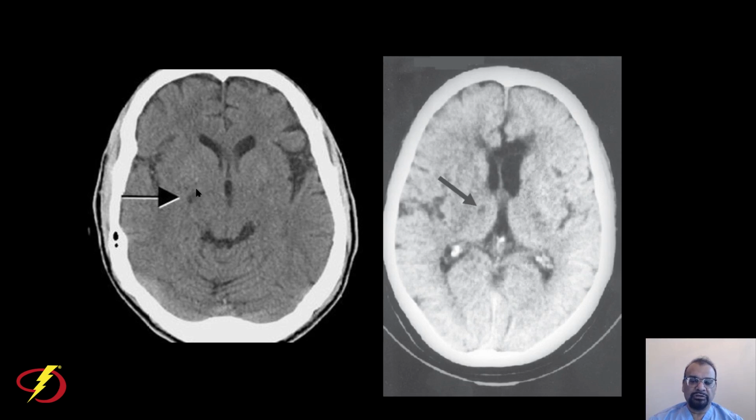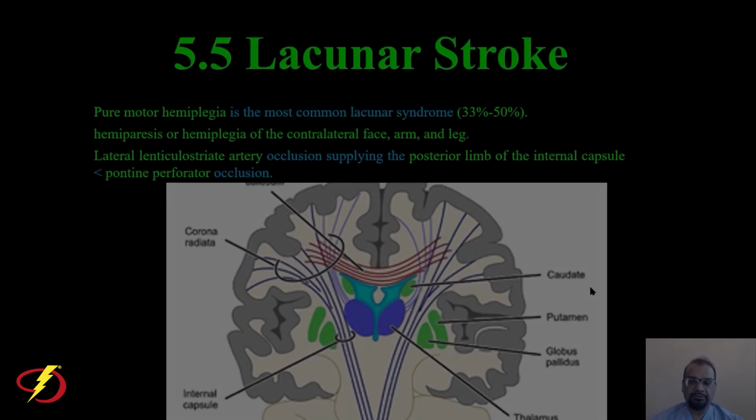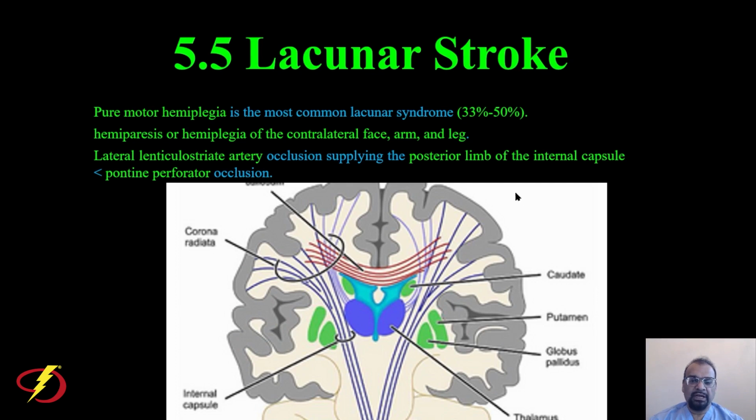So lacunar strokes are small strokes caused by perforating small vessels, as we discussed earlier. The most common lacunar stroke is pure motor hemiplegia, where you either have weakness or paralysis of the opposite side of the body. This is the most common form of lacunar stroke.